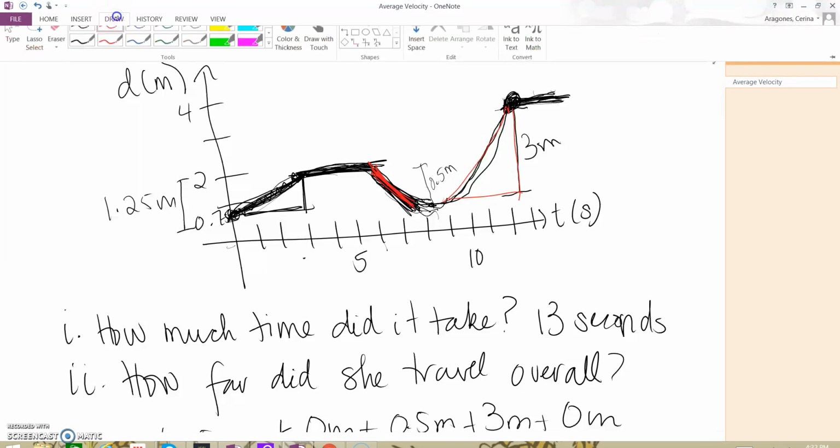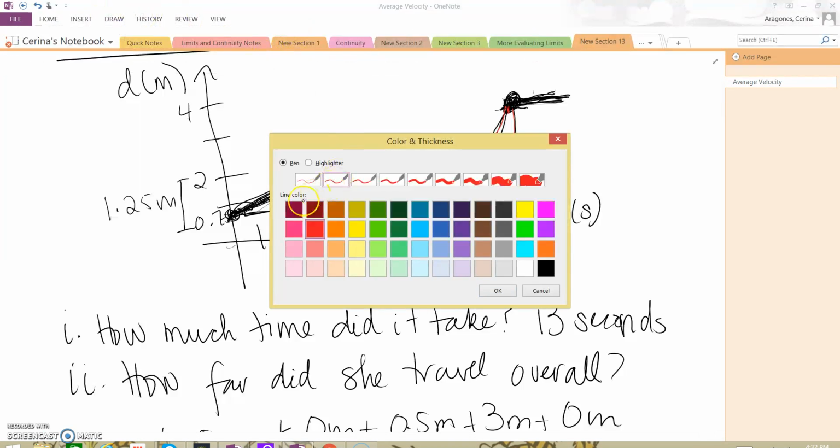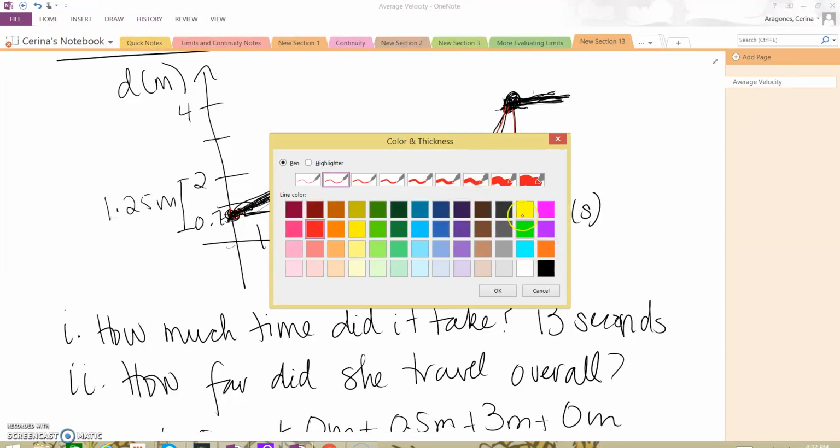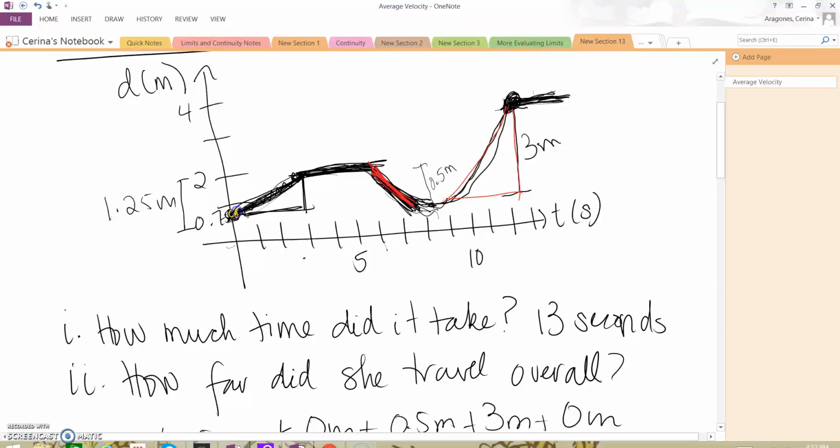Okay, so she has different velocities at different parts of the graph. However, what we want to now examine is her average velocity. So if she went just from the starting place, let's do yellow here, to her ending position, and we just looked at the slope of that line. So we just draw a straight line from her initial position to her ending position.